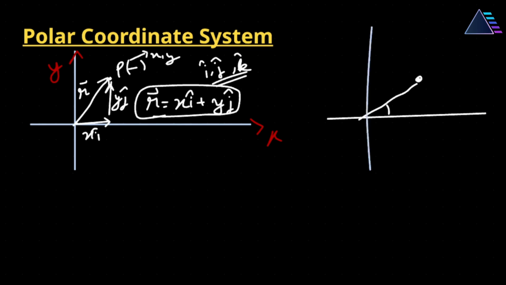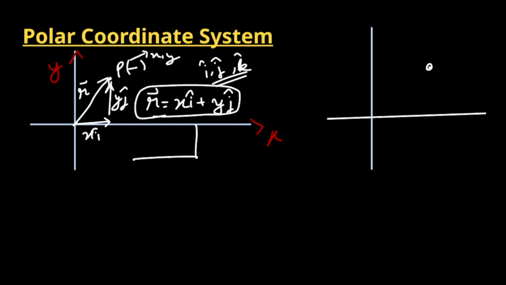Okay, so suppose this is the origin, and let's remove this. You want to define some point over there, then what we used to do, we used to go this side, then this side, right? First this side, then we used to go this side. But later the scientists and mathematicians, the smart people, said no, we won't do that, it is too clumsy for us.